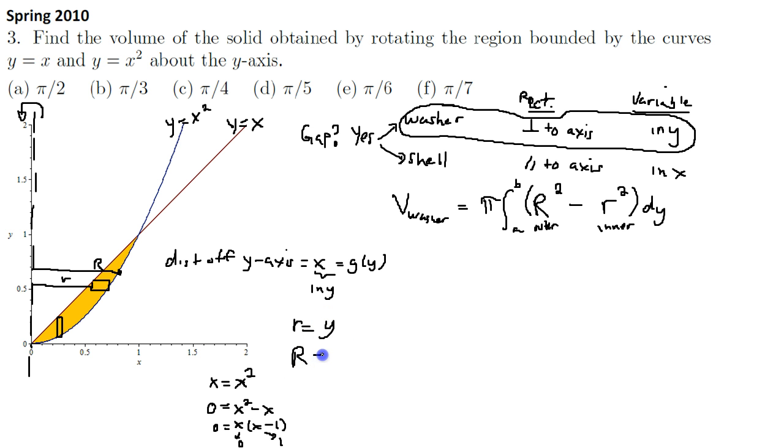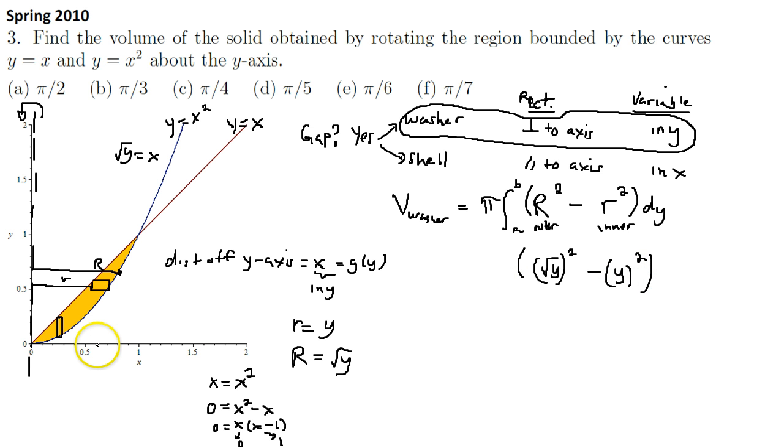The outer radius is to the curve, and we can just solve that for x by taking the square root. And so the square root of y would be what x is. And so we take the square root of y and square it, and we take y and square it here.